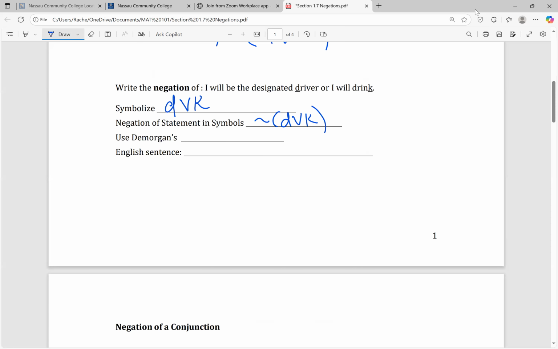And that is just De Morgan's, right? We could apply De Morgan's equivalence because we're negating a disjunction. So this is going to be not D, or becomes and, and then not K. And in words, this will be, I will not be the designated driver and I will not drink.